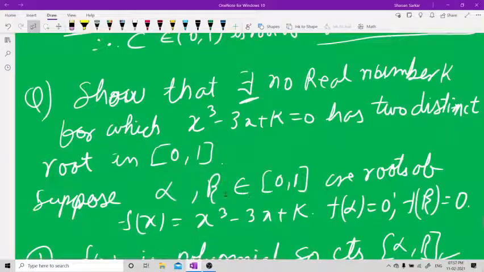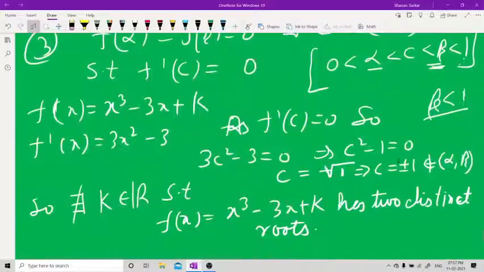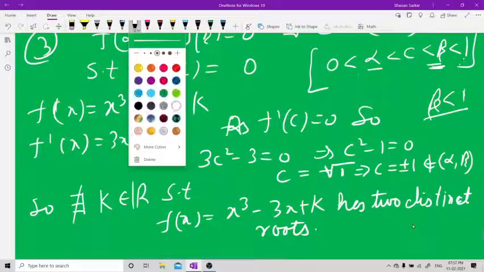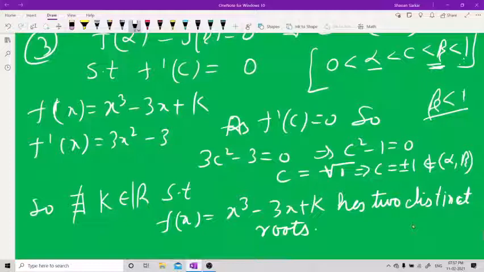They are very much distinct. And I have come at a contradiction. And therefore, there does not exist any k belonging to R which has two distinct real roots. Even if you write roots, no problem.